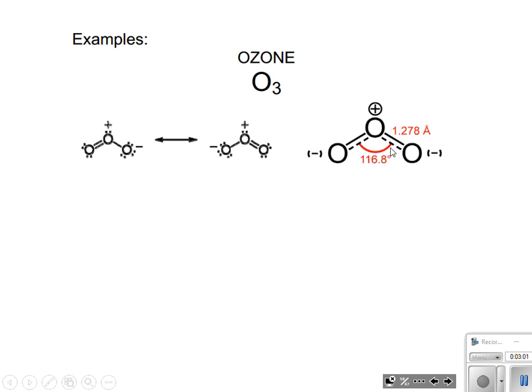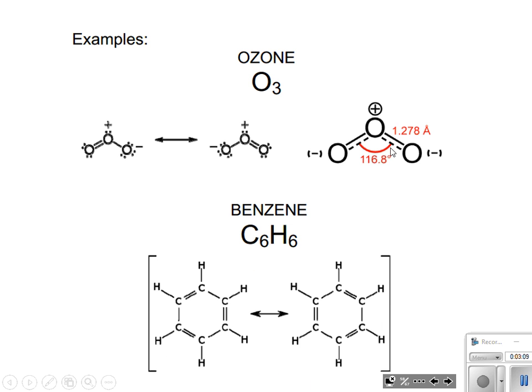Now, another common one is when we deal with a benzene ring. We deal with the benzene ring, and that looks like this, C6H6. And if you notice the same things here, the double bonds are here, here, and here. If we look at the other one, they're in different places. So the double bonds have changed. They've gone to different places.